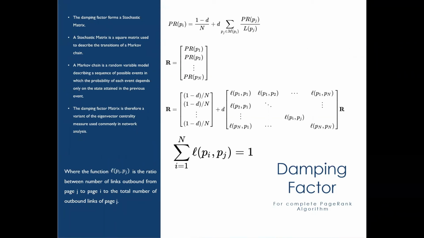A stochastic matrix is a square matrix used to describe the transitions of a Markov chain, which is a random variable model describing a sequence of possible events in which the probability of each event depends only on the state attained in the previous event. The damping factor matrix is therefore a variant of the eigenvector centrality measure used commonly in network analysis.